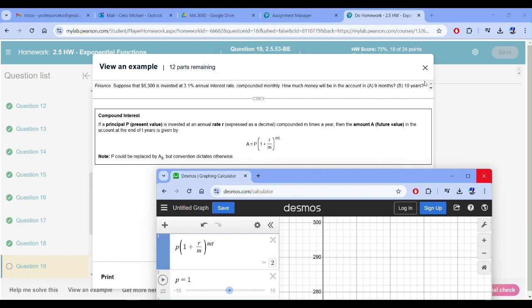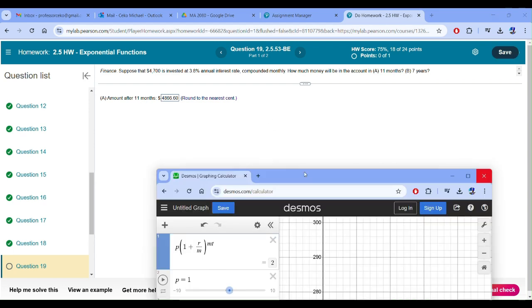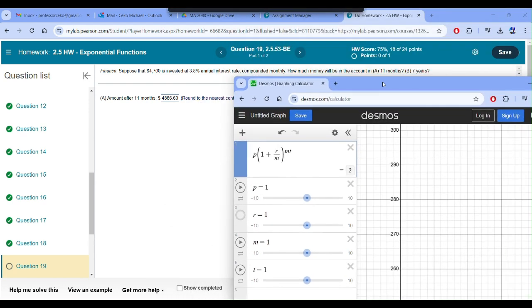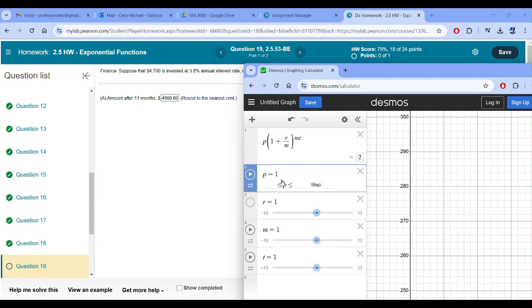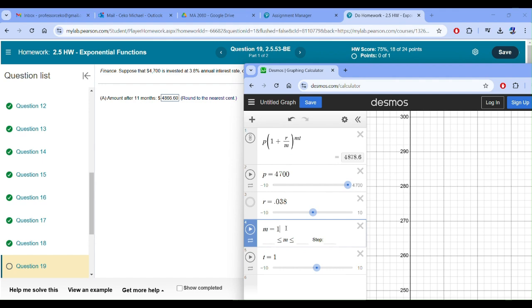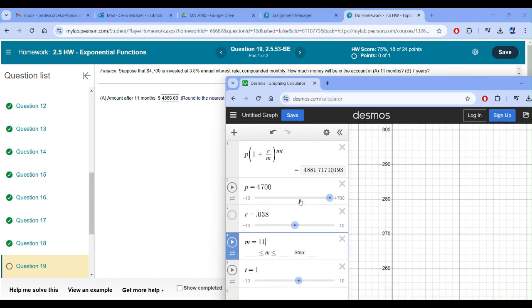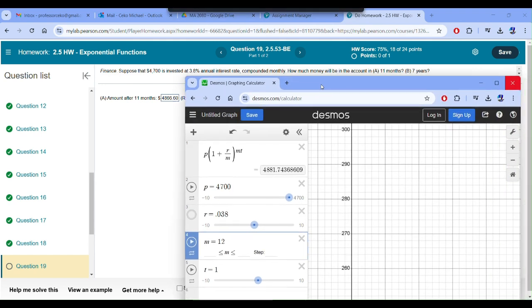So now check out what's cool about Desmos: if I close out of this and bring back Desmos, I now have sliders. If I change my principal to 4700, my rate to 0.038, my months to 11, no, it's compounded monthly.